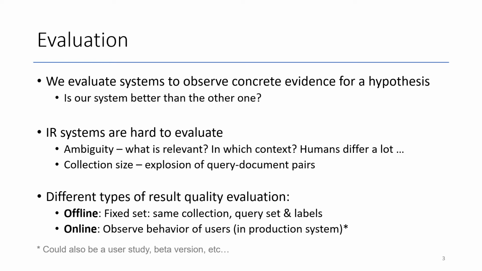Alright, so in general, there are two different types of result quality evaluation. First is offline evaluation, where we have a fixed set of documents, queries, and labels. And the second one is online evaluation. If you have a production system, you can observe the behavior of users for different kinds of systems.